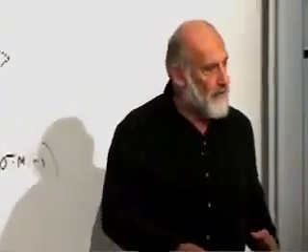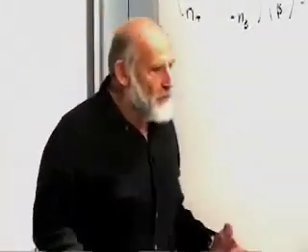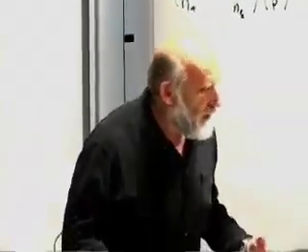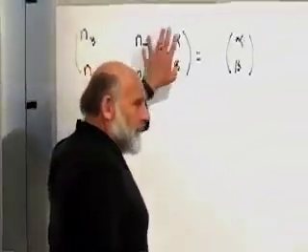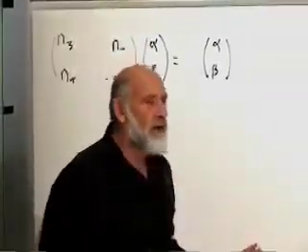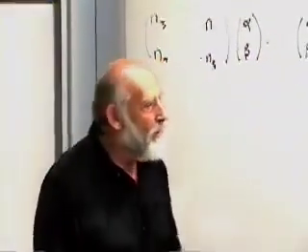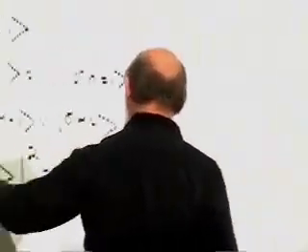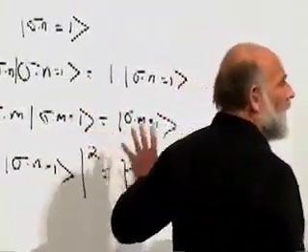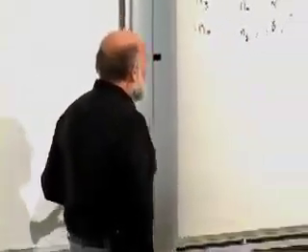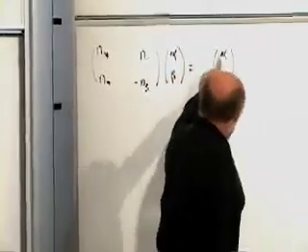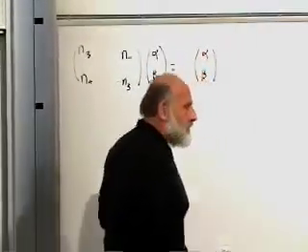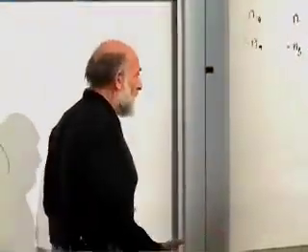And a number whose magnitude is 1, a number like e to the i theta, will not enter into any probability that you ever calculate. So if you take a vector and you multiply it by e to the i theta, you have changed nothing about its properties, because you always wind up multiplying a quantity by its complex conjugate. So that's something to keep in mind, that you should normalize the vector, but multiplying both the top and the bottom here by the same e to the i theta doesn't change anything.